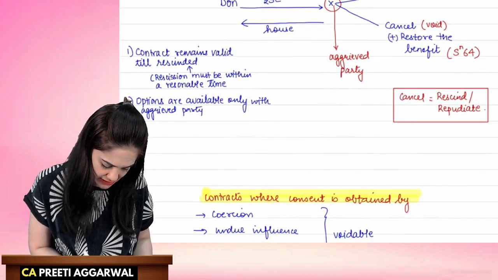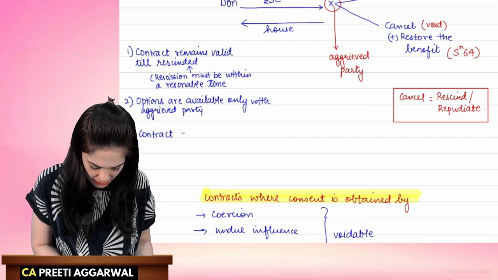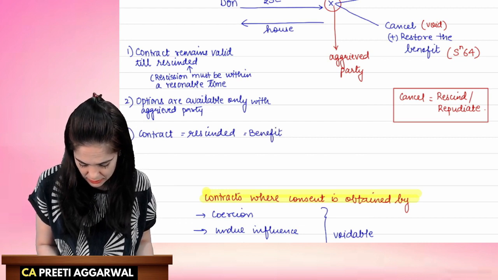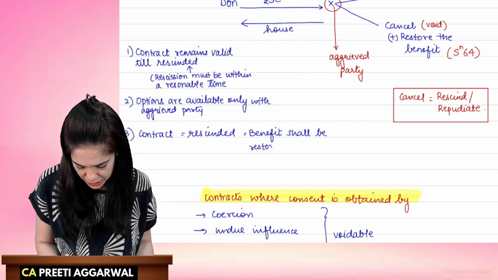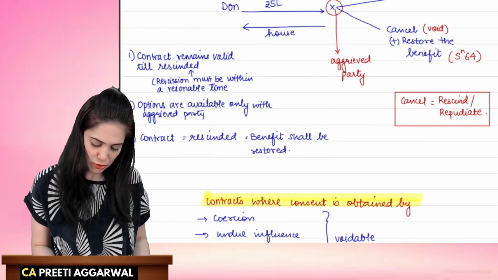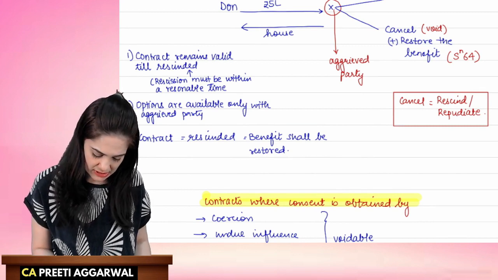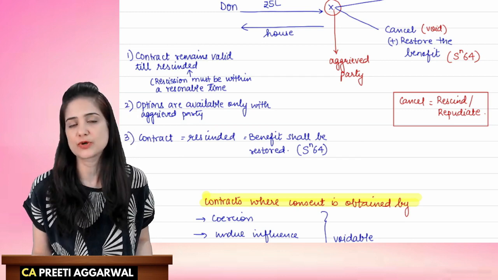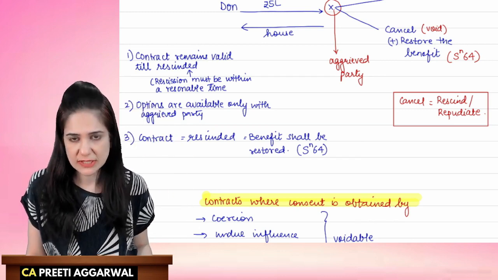Once the contract is cancelled, okay, once the contract is rescinded, benefit shall be restored. Okay, once the contract is cancelled, the benefit will be restored. So this is covered under section 64, restitution of benefit in case of a voidable contract. Void contract was discussed under section 65.